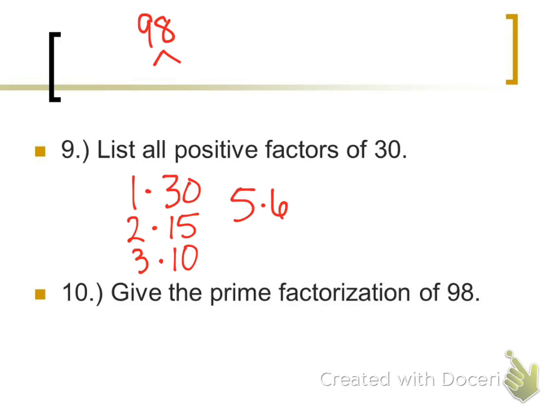So 2 and, let me divide that right quick. 49. 2 times 49. We can keep breaking down the 49. What does 49 break into?